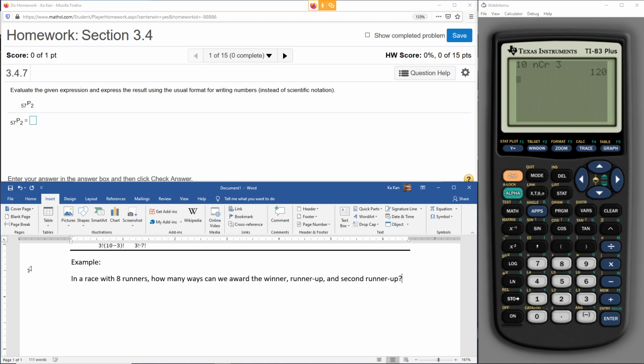So gold, silver, bronze. How many different ways can we award those for the runners who take part in this race?